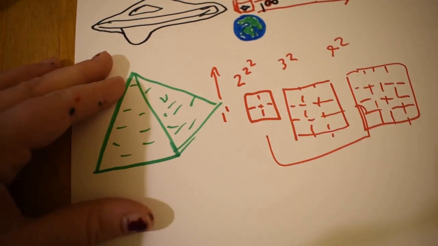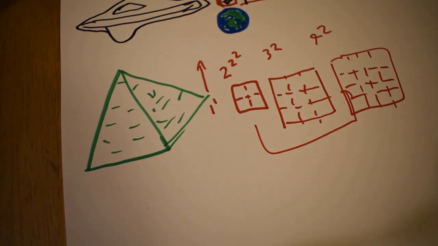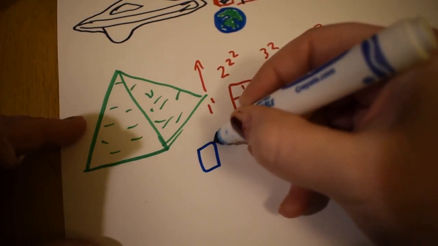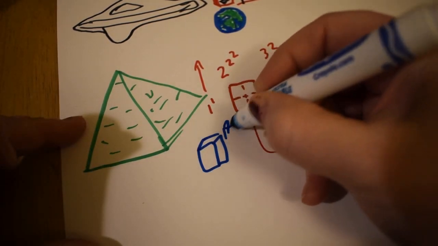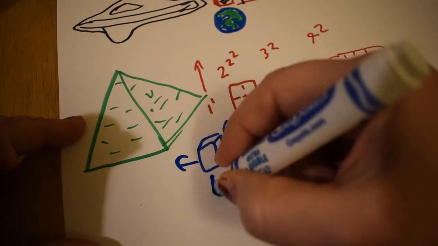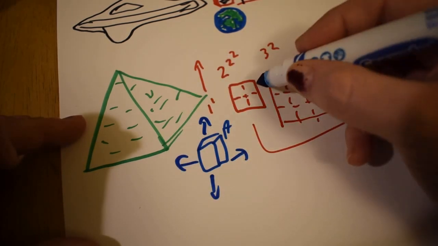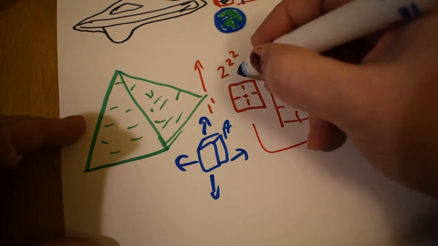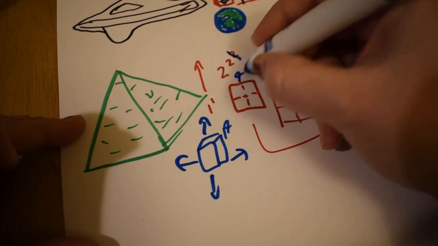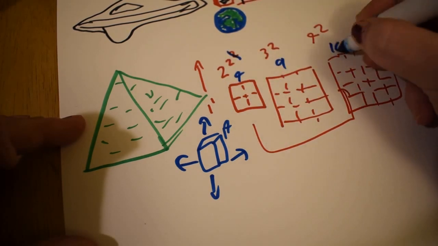And this is a way to increase space in the way that the 1 cubed, when it goes up to the 4th, wants to increase but can't, because it has to maintain that same number. These can increase at will. So I've got 2 squared is 4, 3 squared is 9, 4 squared is 16.